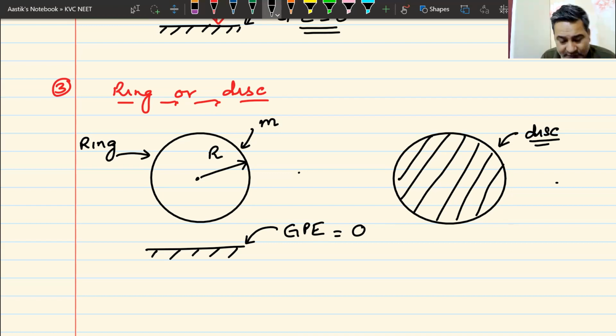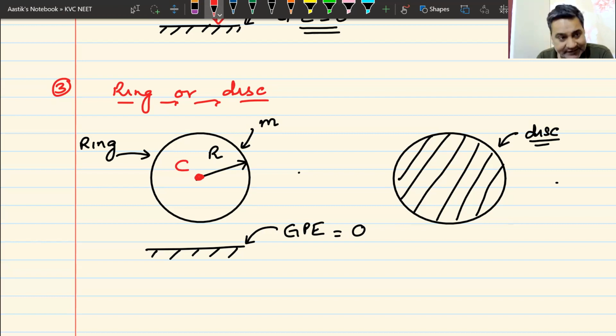And now if someone asks us, what is the gravitational potential energy of this ring or disc? What would be your answer? Again, your answer would be the same. I have to find out the height of the center of mass from ground.